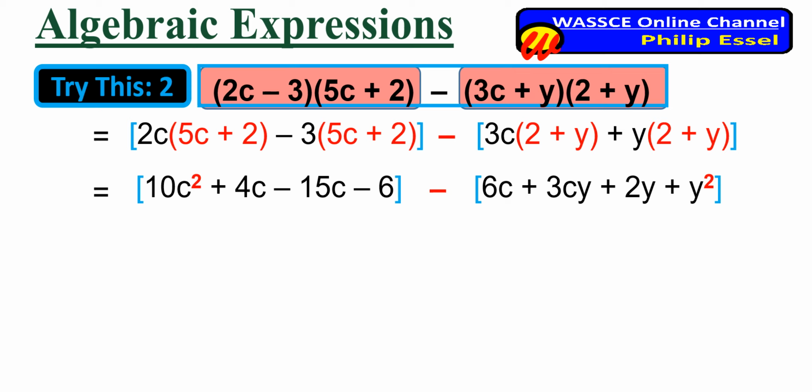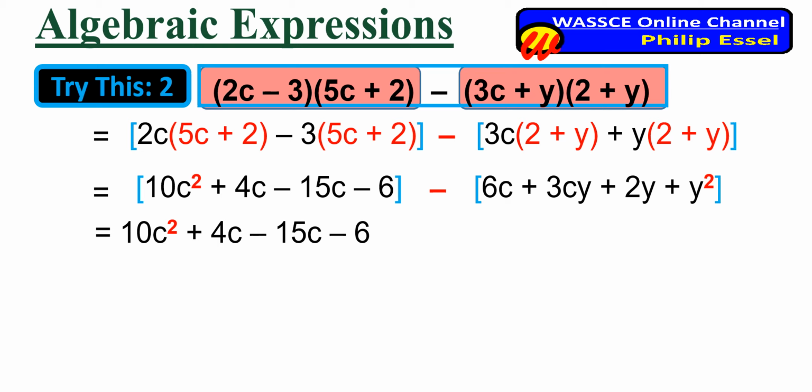For the first part, the operation sign in front of it is positive. Remember, when you do not see any operation sign, it means the sign is positive. When the operation sign is positive, you can just remove the brackets. When we do this, we get the same expression: 10c squared plus 4c minus 15c minus 6. Nothing has changed.